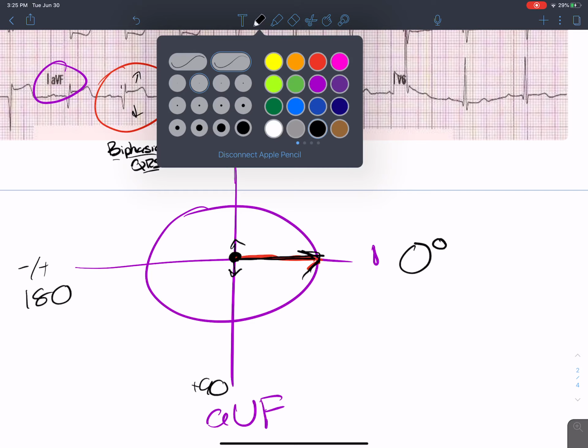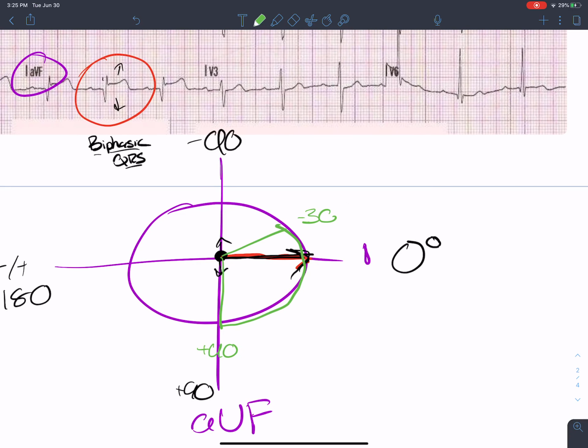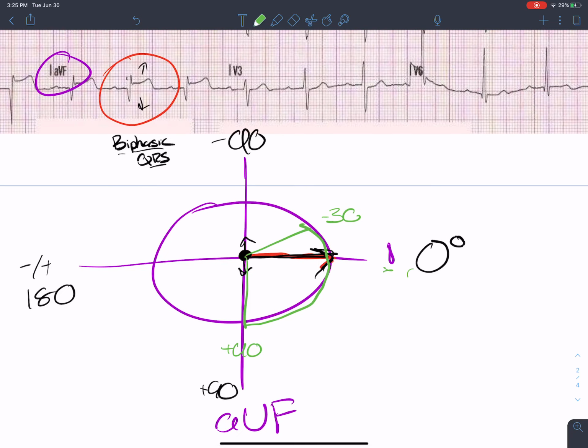But you also remember that a normal axis is between negative 30 and positive 90. So we're going to call this a net vector of 0 because we just have lead 1 to bring us over here and no up, no down from lead AVF. We're going to call it approximately 0.